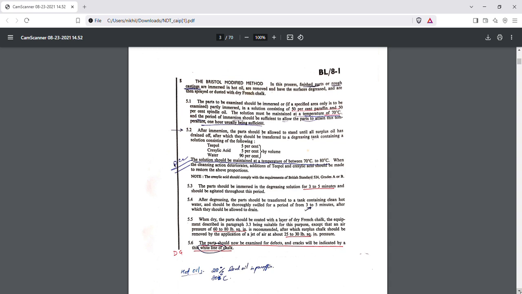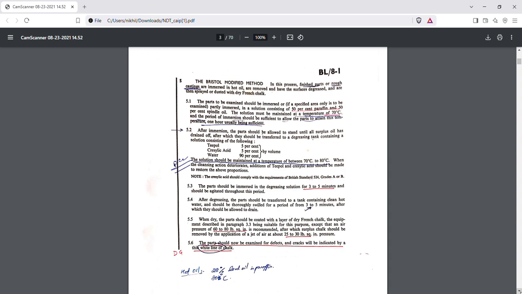After immersion, the parts should be allowed to stand until all surplus oil has drained off, after which they should be transferred to a degreasing tank containing a solution consisting of the following: tripol 5%, cresylic acid 5% by volume, water 90% by volume. The solution should be maintained at a temperature between 70 and 80 degrees Celsius.